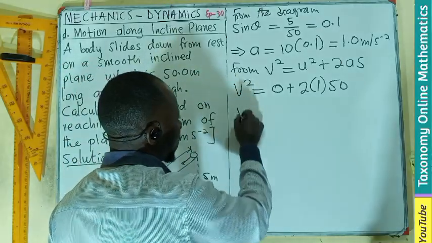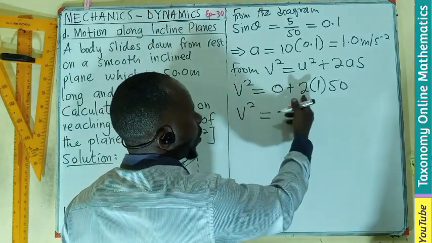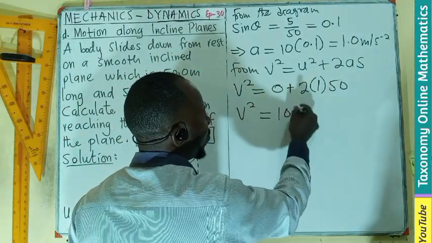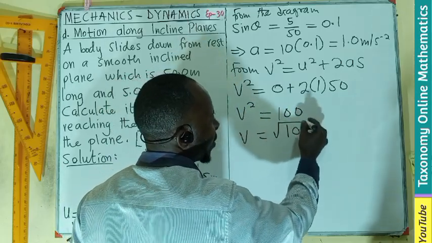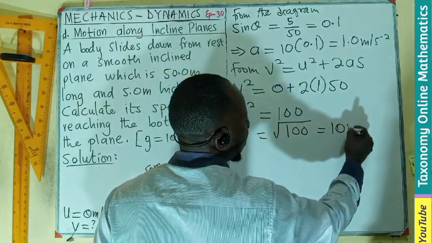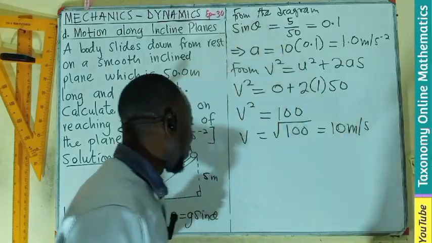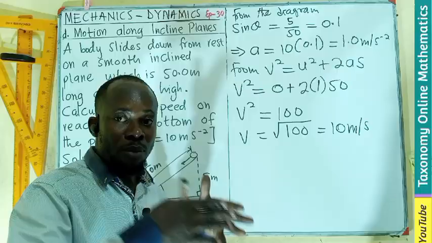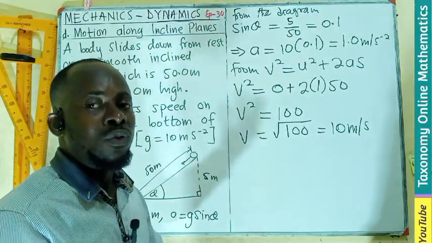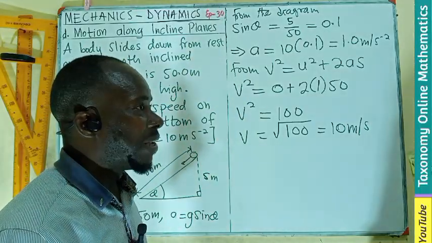So v squared equals 100, and v becomes the root of 100, giving us 10 meters per second. So the speed at which the body will get to the bottom is going to be 10 meters per second.